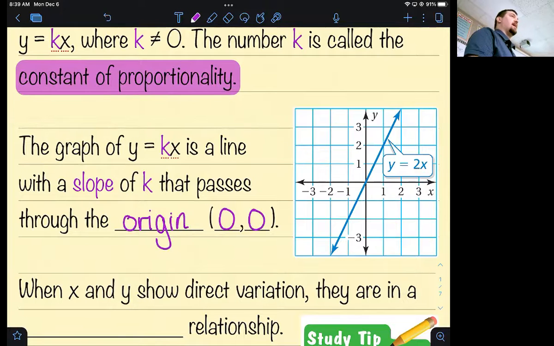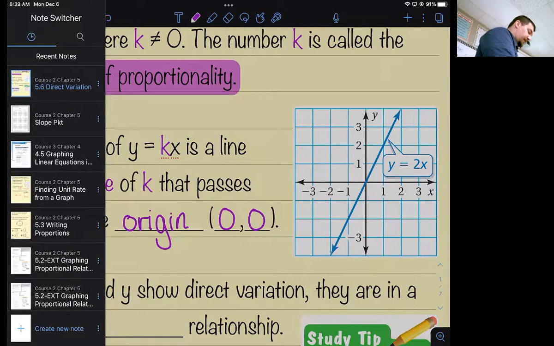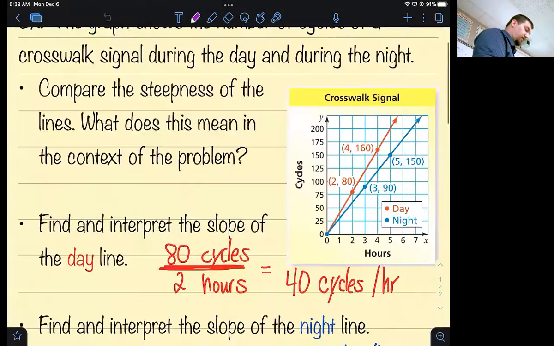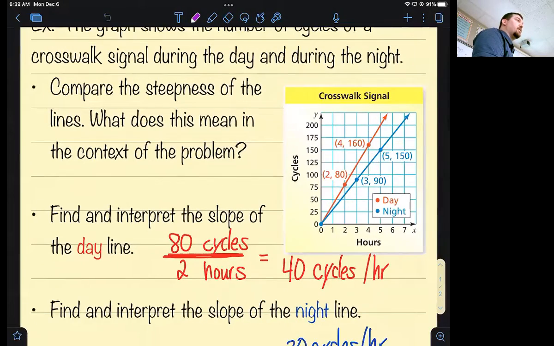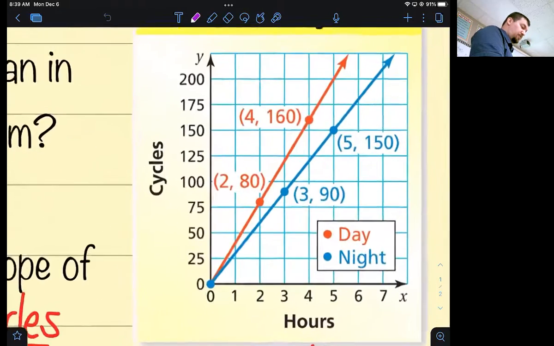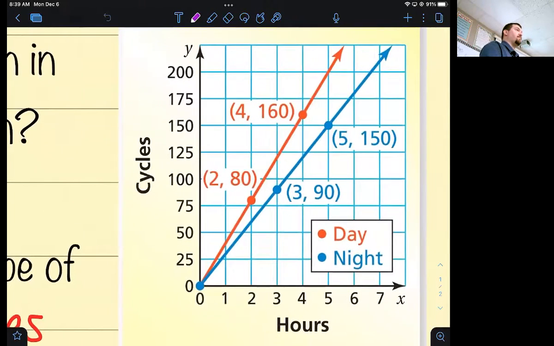Have we looked at any lines this chapter that have gone through the origin? Almost all of them have. In fact, before you took your quiz on Friday, we looked at this example together, the crosswalk example. Daytime cycles versus nighttime cycles. Did you notice both those lines went through the origin?